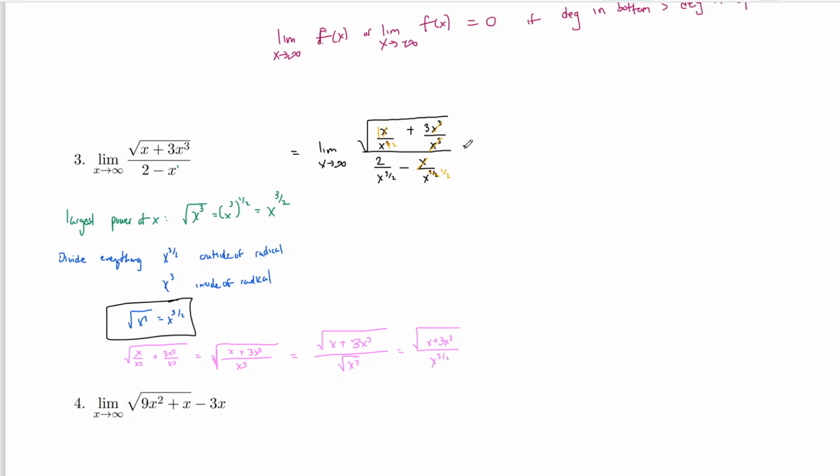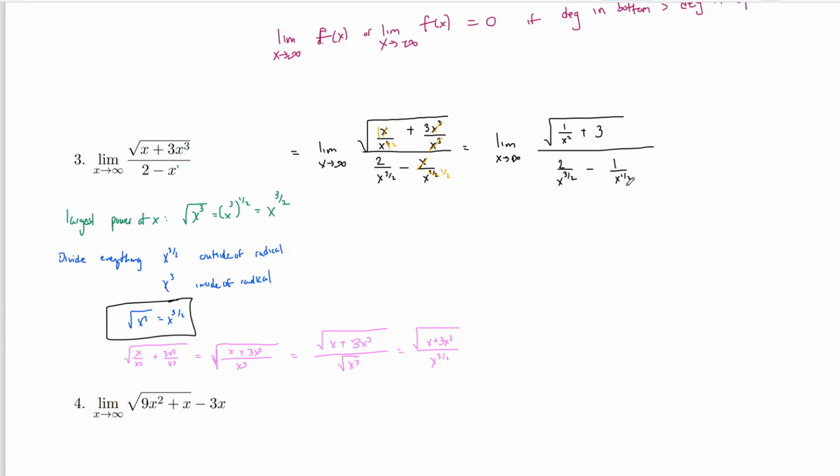All right, so let's go ahead and I'm going to write down what we're left with before we try to use our limit properties. On the top, we've got the square root of 1 over x squared plus 3 divided by 2 over x to the 3/2 minus 1 over x to the 1/2. Now you might be wondering at this point, well, if this was a whole number, I would know what to do, because our rules say if we have x to a positive whole number in the denominator, then it's 0.